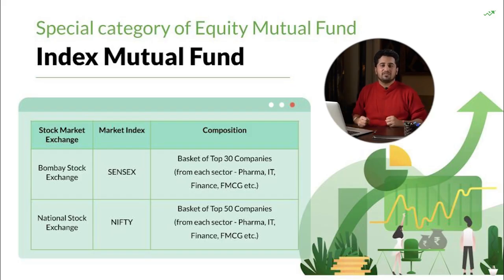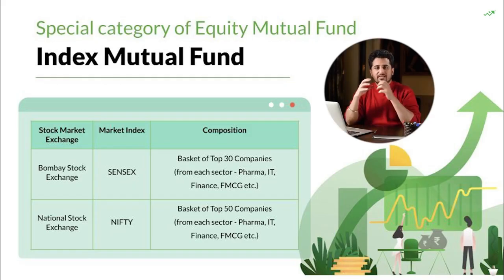Now in a day, if the Bombay Stock Exchange performed well, we say that the Sensex had performed well, Sensex went up. In a day, if the Bombay Stock Exchange did not perform well, the Sensex goes down. Similarly, the top 50 companies in the National Stock Exchange form the Nifty.